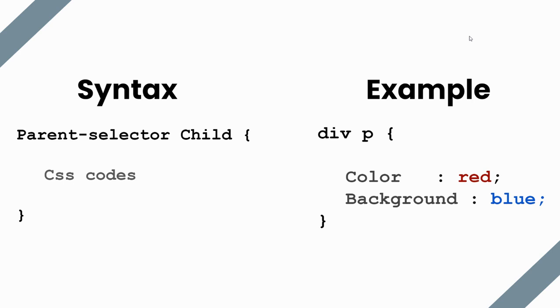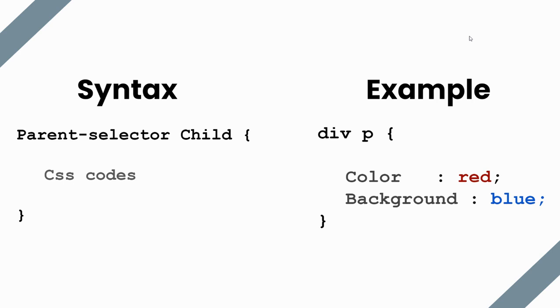By using this particular syntax, any paragraph tag that is within a div tag, either directly or within another tag that is also within that div tag, would be selected and styled. Here we have some basic CSS code, the color property with the value of red, and the background property with blue.